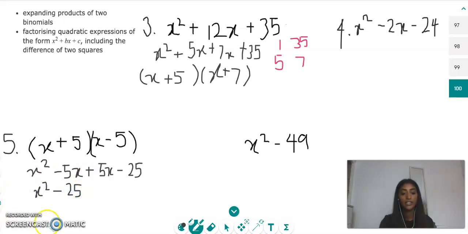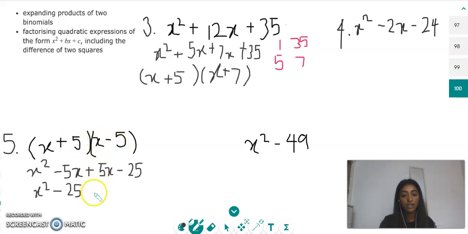as your final expansion. So what you need to recognise is any equation in the form x squared minus a square number, so 4, 9, 16, all the way up to 100, will always factorise out to x plus the square root, x minus the square root.